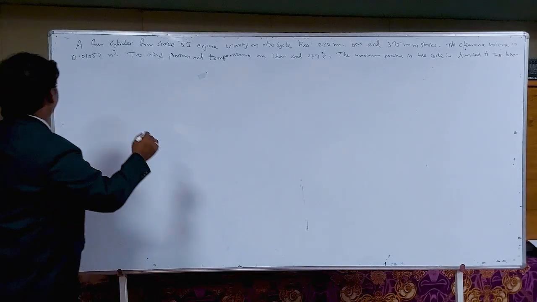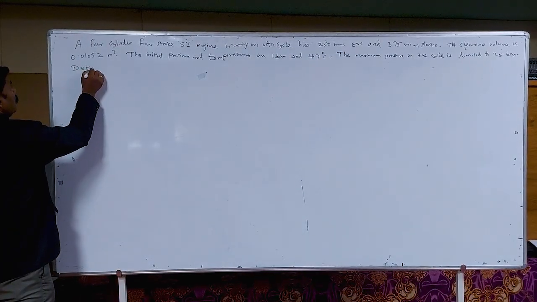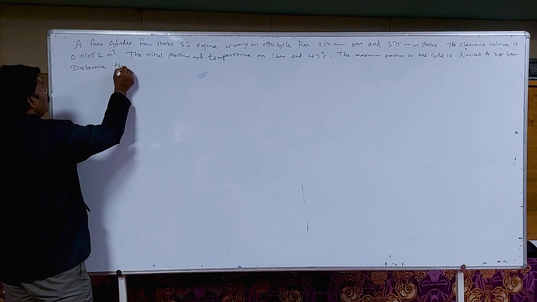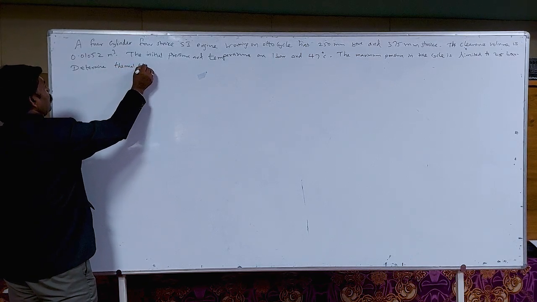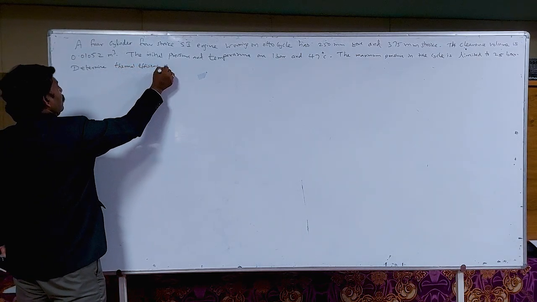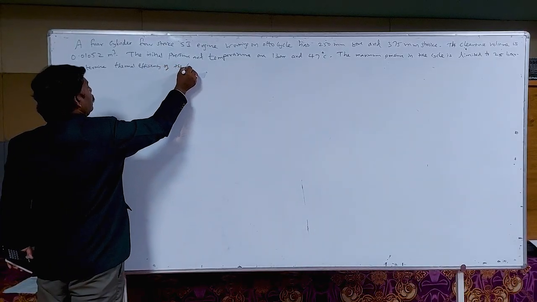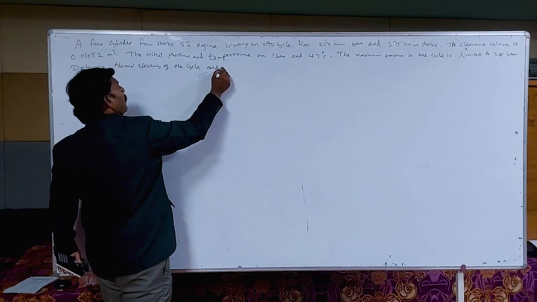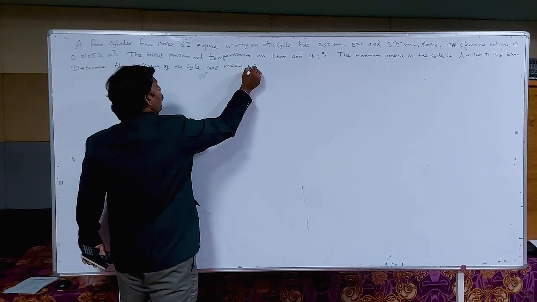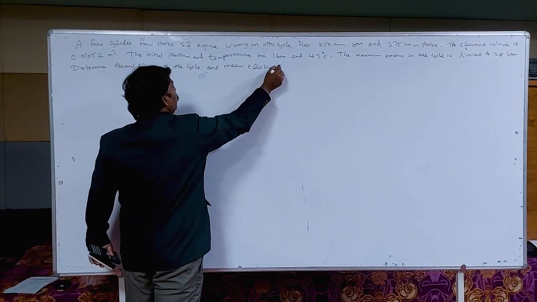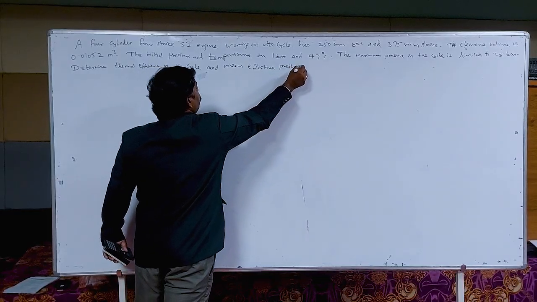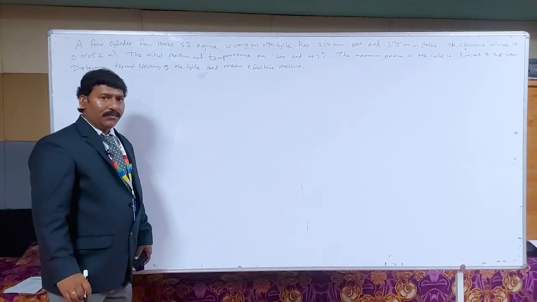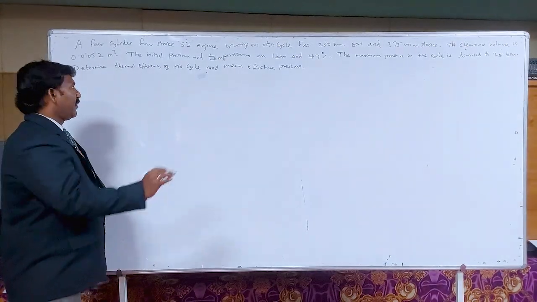Determine thermal efficiency of the cycle and mean effective pressure. So this is the problem that we are going to discuss now, and let us write the given data first.